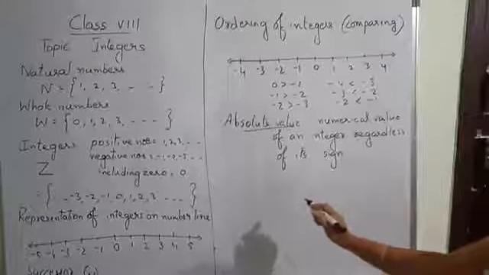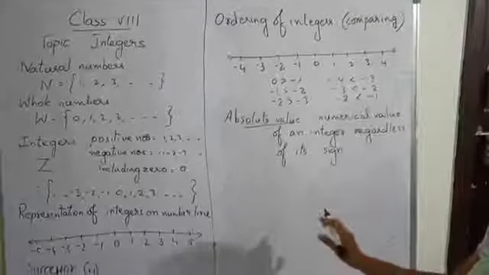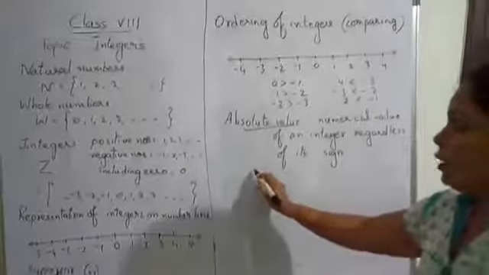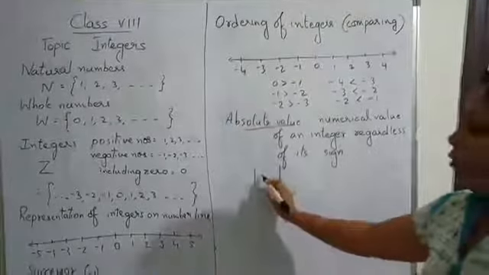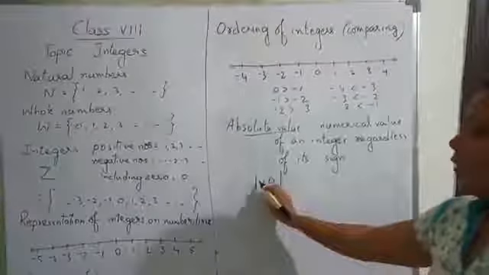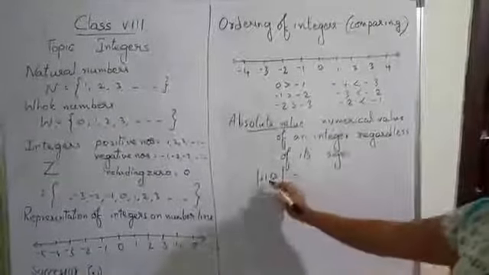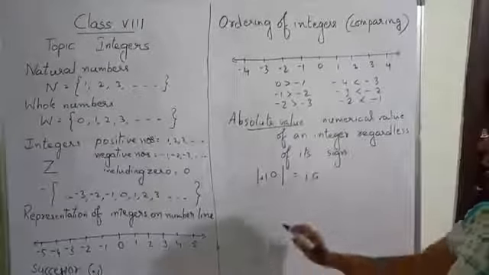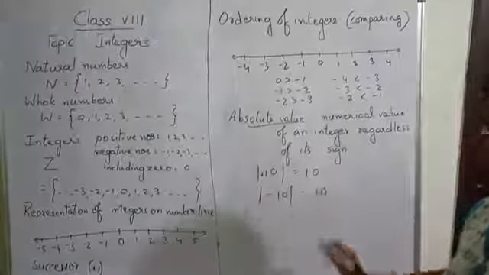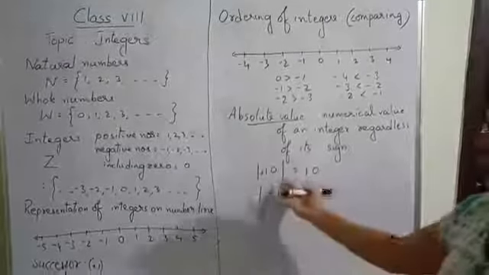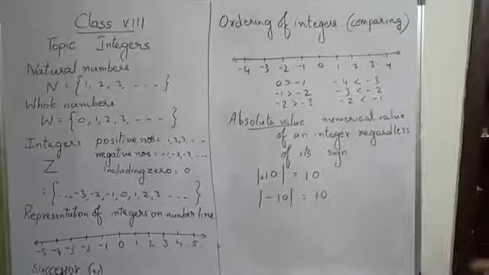That means whether you take a positive number or a negative number, absolute value is always positive. For example, absolute value is denoted by two vertical lines. Absolute value of plus 10, whether it is plus or minus, it is always positive. Absolute value of 10 is 10 only. Suppose if you take minus 10, the answer is always positive. Whether you take a positive or a negative number, the absolute value is always a positive number.